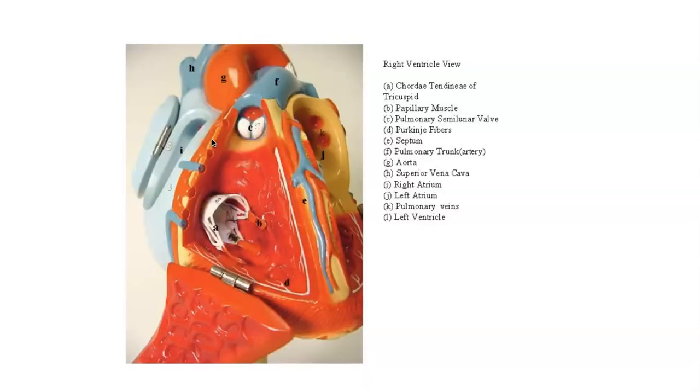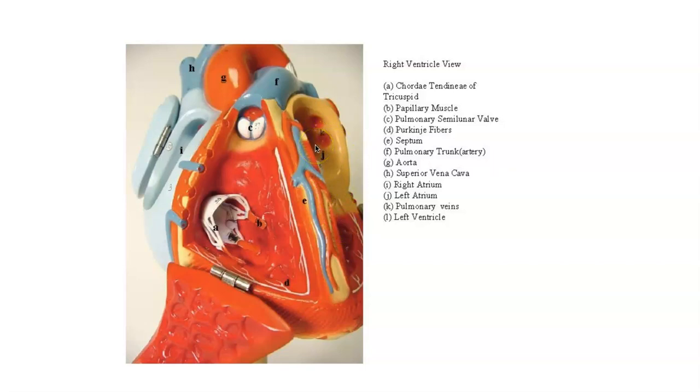I'm going to go back and I'm going to name these. So this is the pulmonary semilunar valve. This is the tricuspid. On the left side, you have the bicuspid valve. The bicuspid valve goes between the left atrium and the left ventricle.